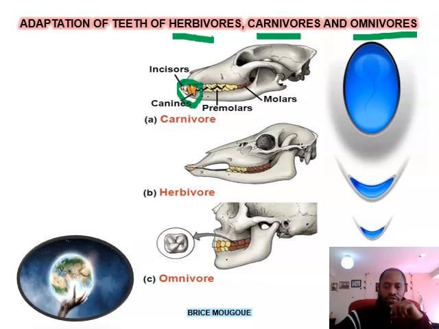With omnivores, they also have canines that are curved, but not as long and pointy and sharp as those of carnivores. While with herbivores, some of them have canines, but not as developed as those of the previous two. But some other herbivores like rabbits don't have canines at all.